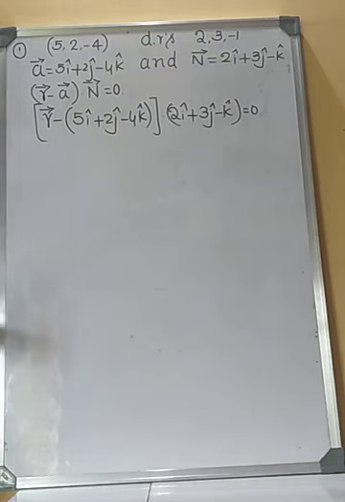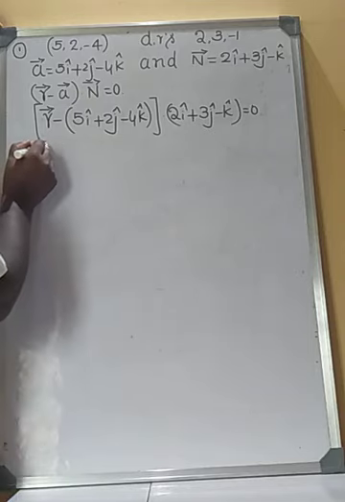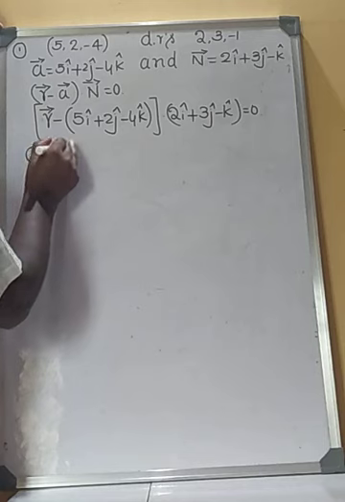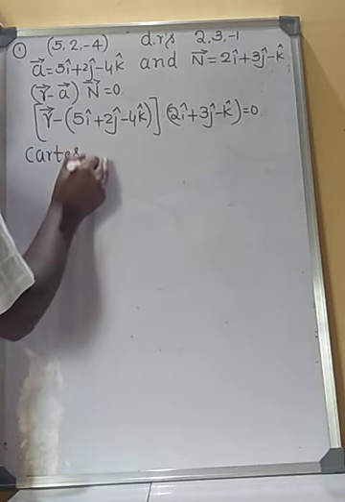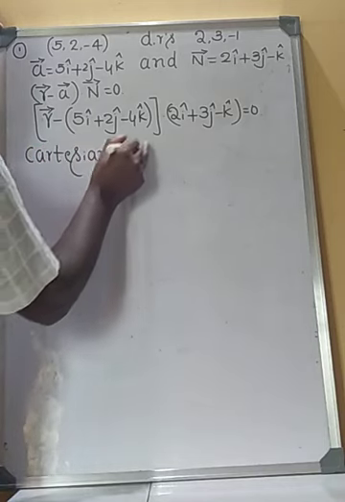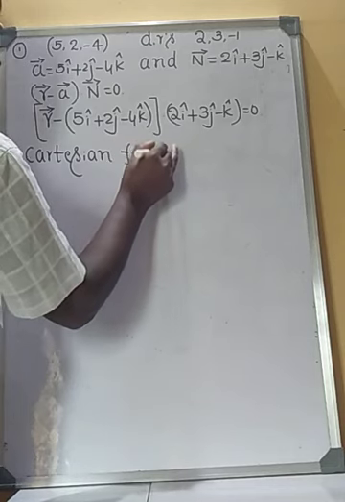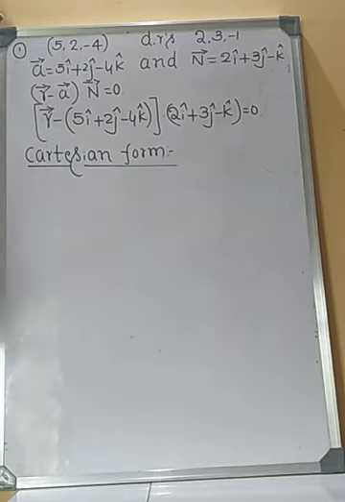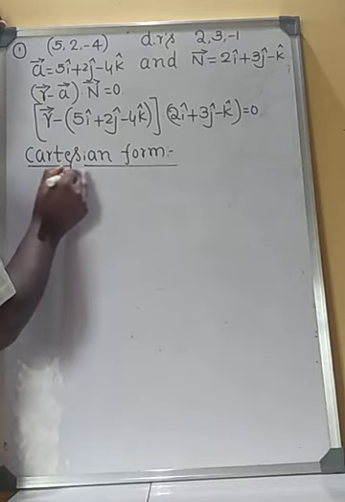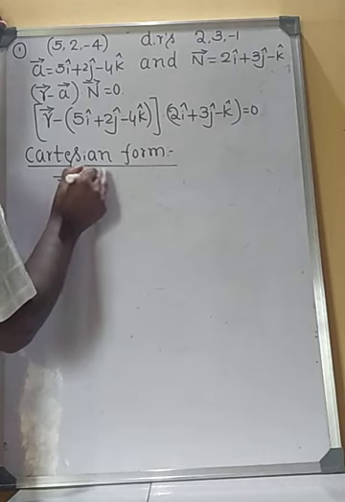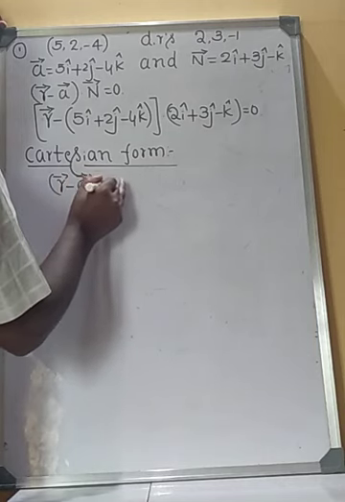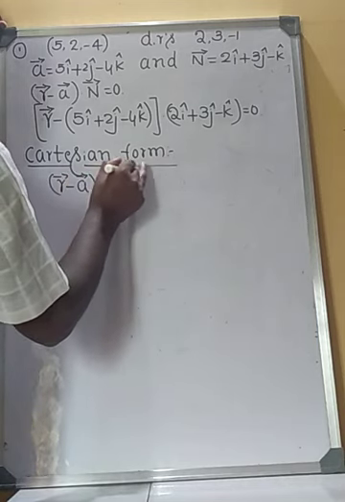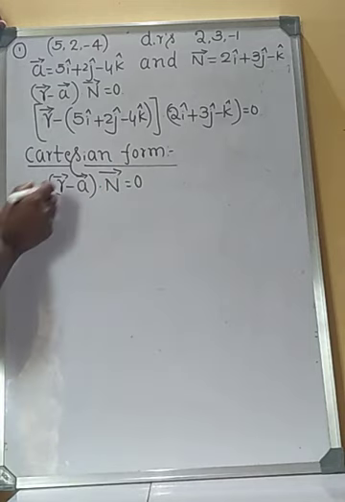Now the Cartesian equation of the plane. The Cartesian form of the equation of the plane is r vector minus a vector dot n vector is equal to 0.